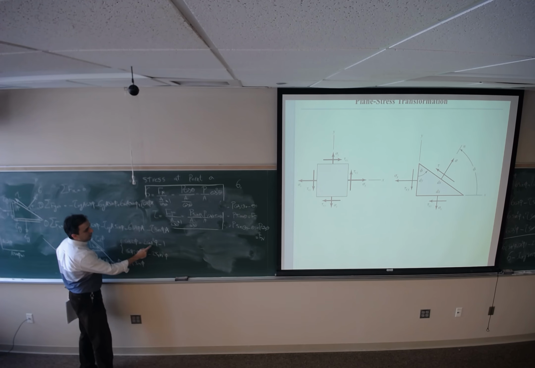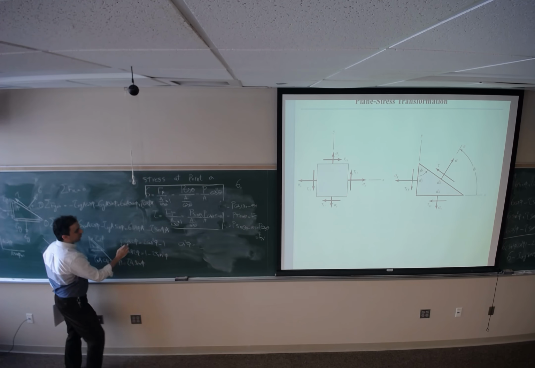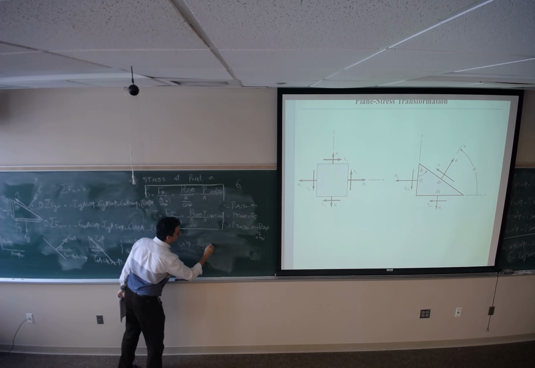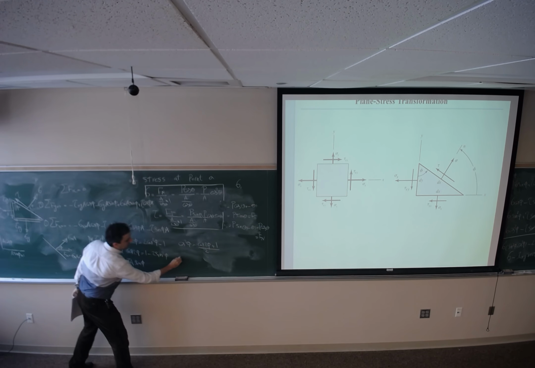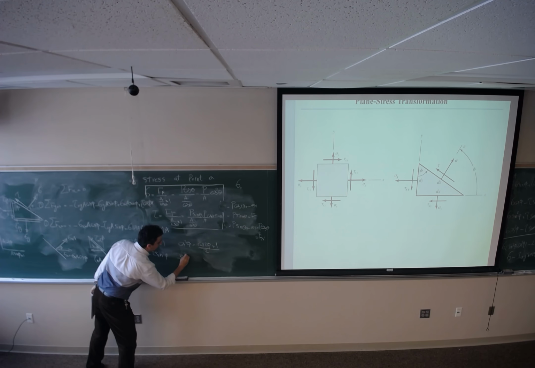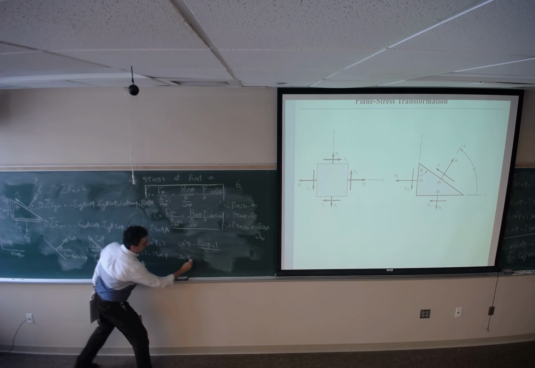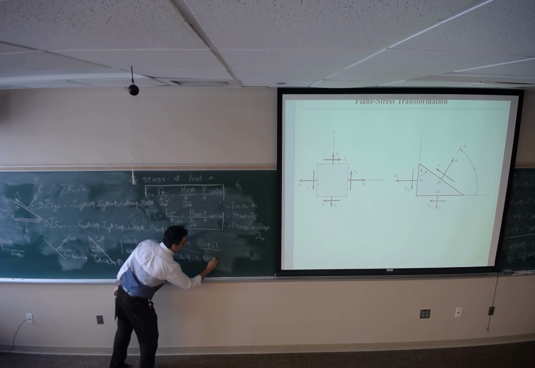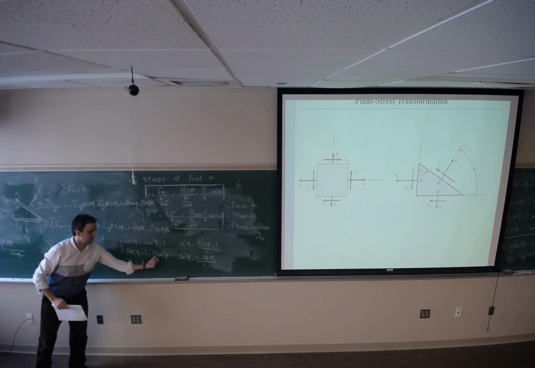Now cosine square of phi, if you move to the other side, is going to be cosine of 2 phi plus 1 dividing by 2. And sine square of phi, if you move this to the other side, is going to be 1 minus cosine of 2 phi dividing by 2.